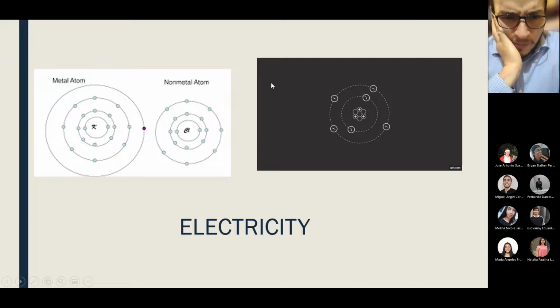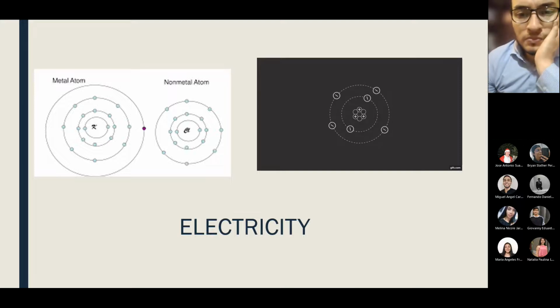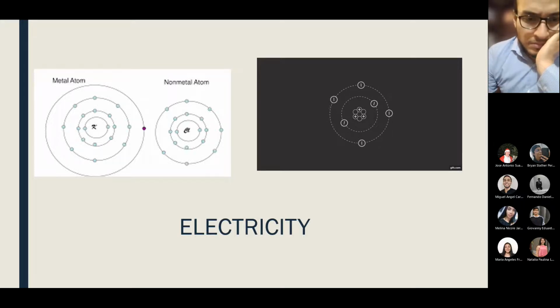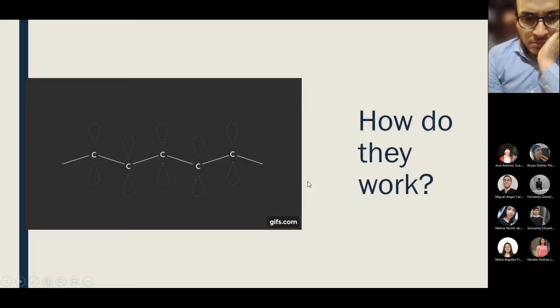So basically a metal atom has higher orbitals, so it has free electrons since they're not really bound to the nucleus, so they can have higher conductivities. For non-metal atoms, these orbitals are quite closer to the nucleus, and thus these electrons need further energy to conduct. So how do you conduct?